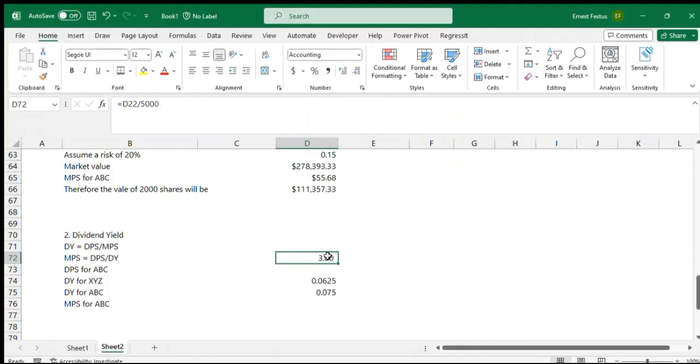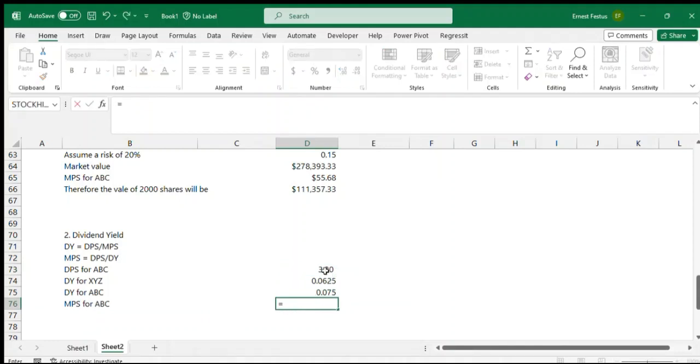So I'm going to cut it and paste it here. So our MPS for ABC is going to be equal to the DPS, as you can see in the formula, divided by the DY, or the dividend yield. So I'll hit enter, and that is 50.7.